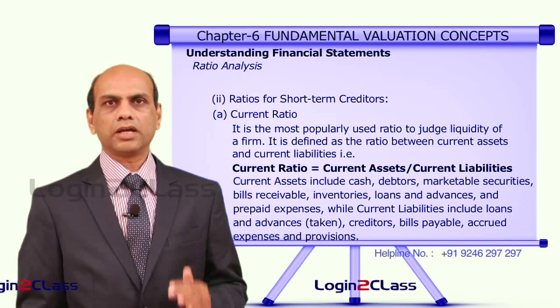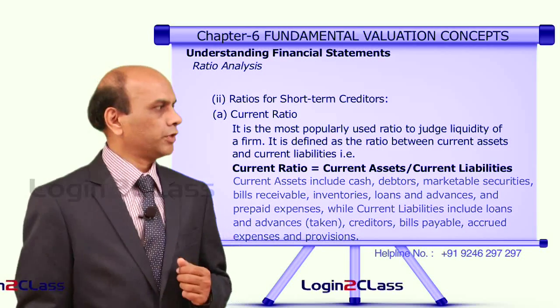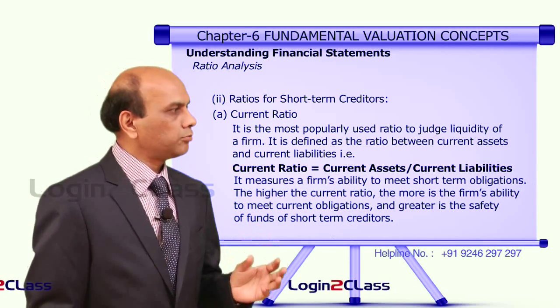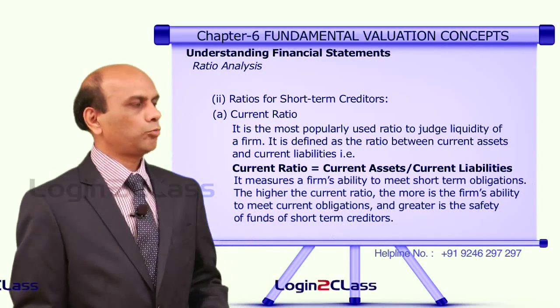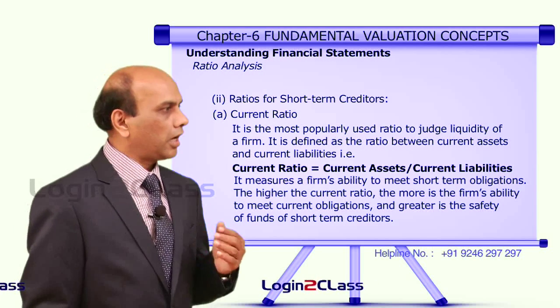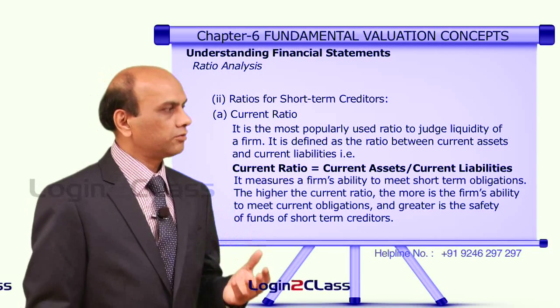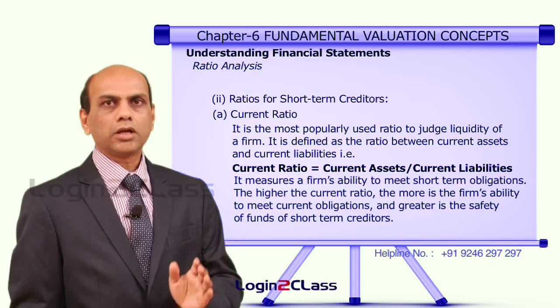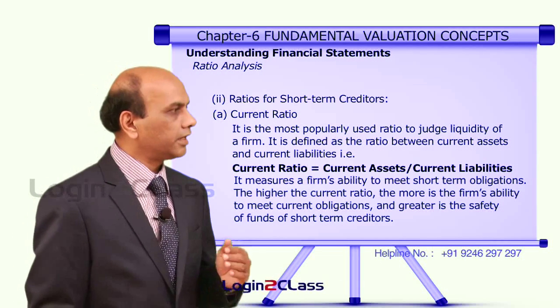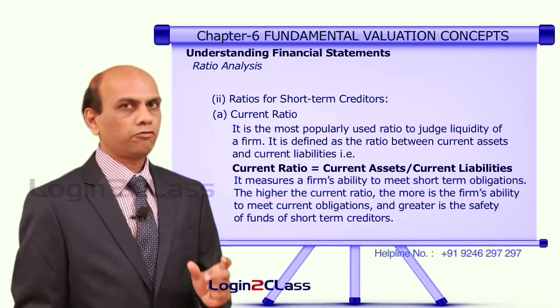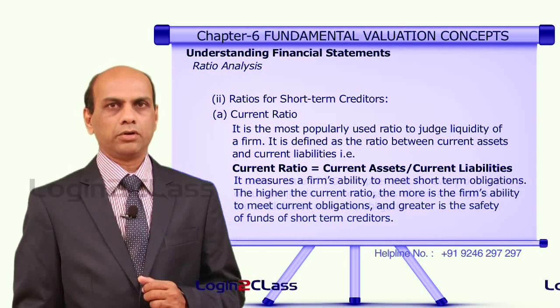This measures a firm's ability to meet short-term obligations. The higher the current ratio, the more is the firm's ability to meet the current obligations, and greater is the safety of funds of short-term creditors.